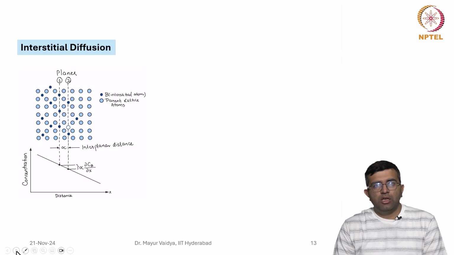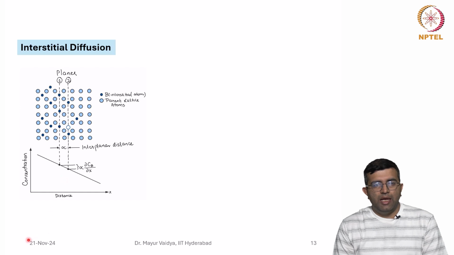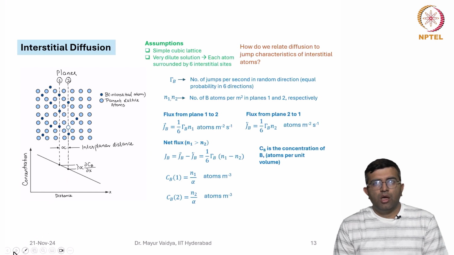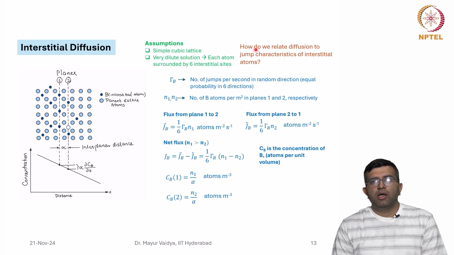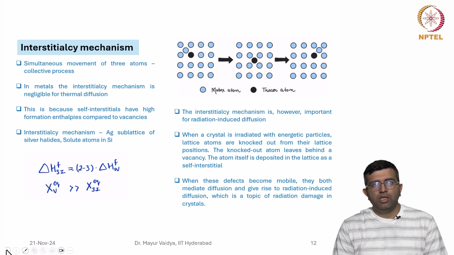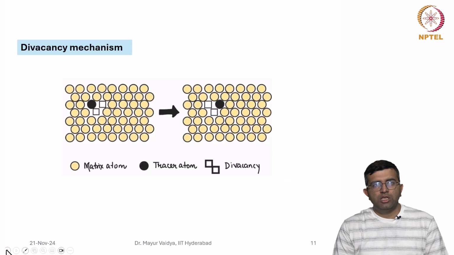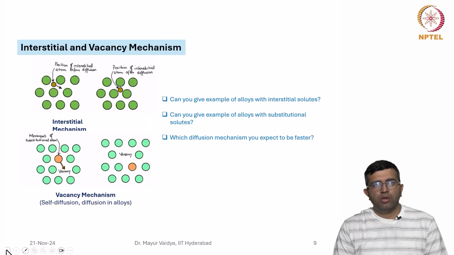Now interstitial diffusion. Let us try to understand how we relate this diffusion to the jump characteristics of the interstitial atom. What I mean is, for example, let's go to the interstitial picture.